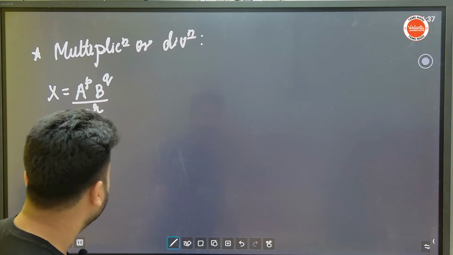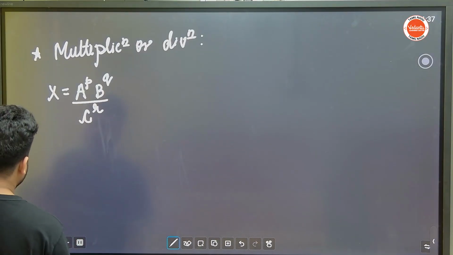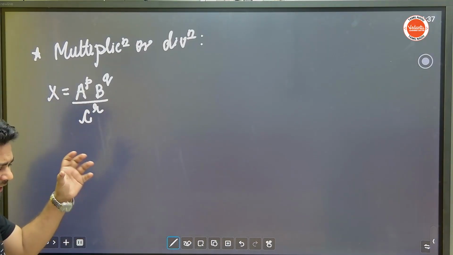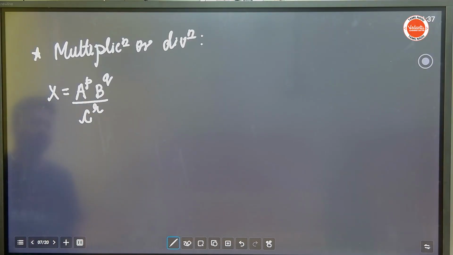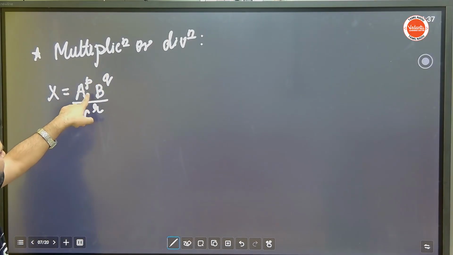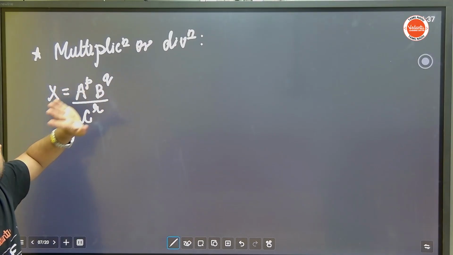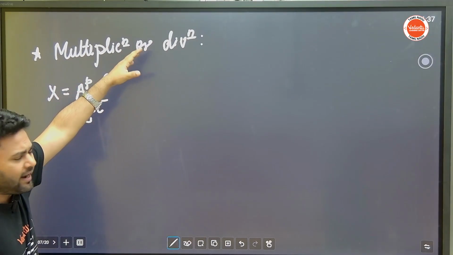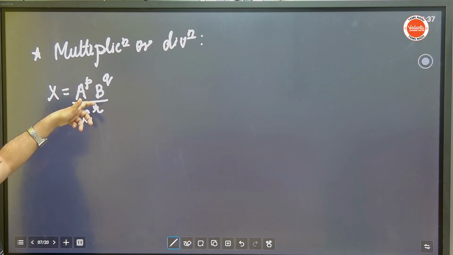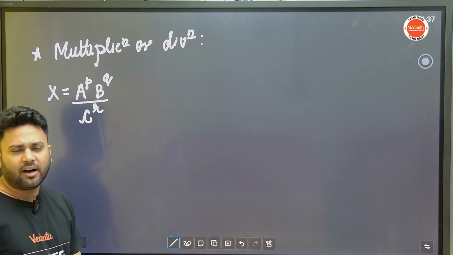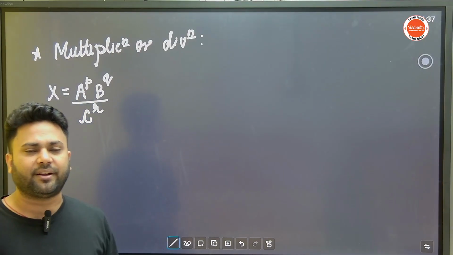Correct. Now what the rule says is about relative error in x. See, this question is of multiplication, a to the power p multiplied by b to the power q, and I have added division also in the same question, so divided by c to the power r. In one example, you will be able to understand.